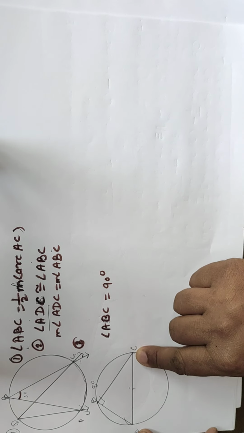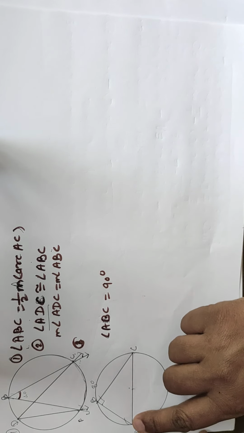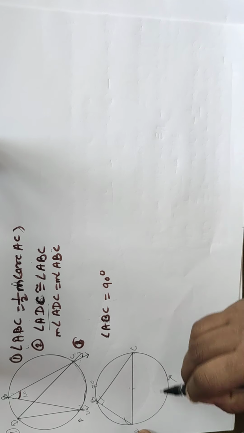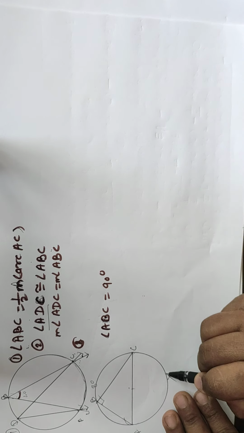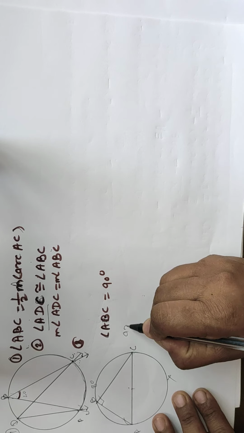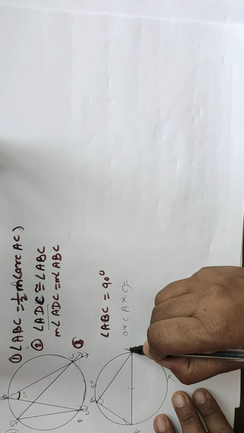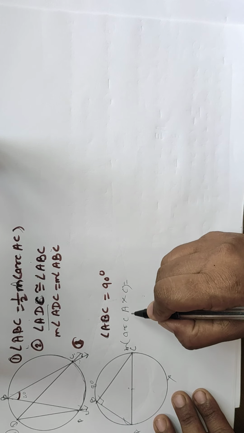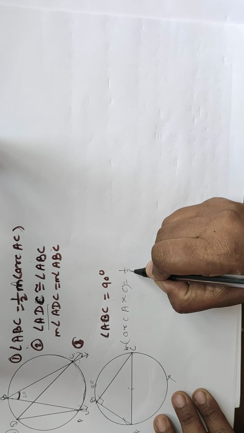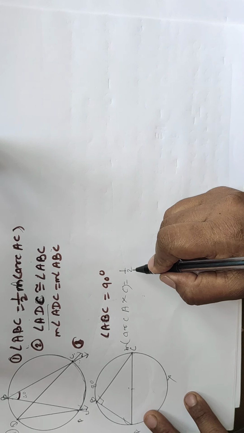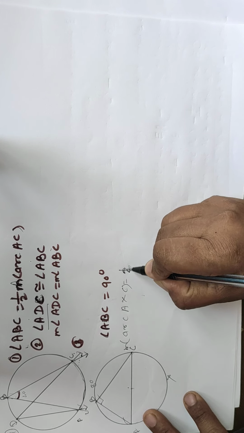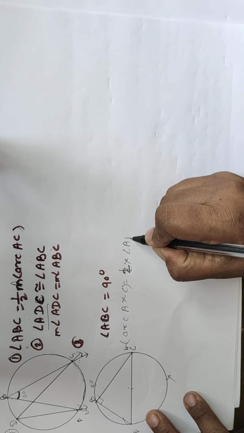If it is a semicircle, then the measure of arc AXC is how much? It is 180. So we write that the measure of arc AXC is equal to 2 times angle ABC.